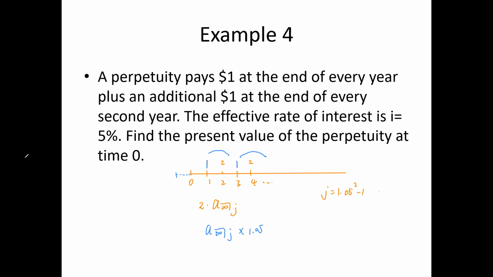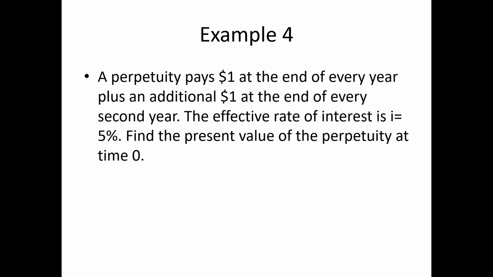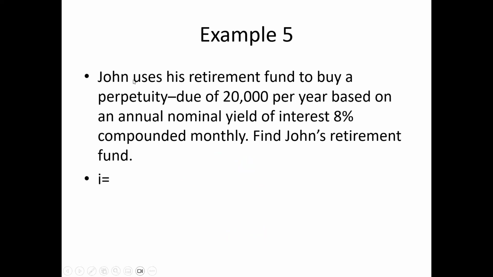Let's move on to the next problem. John uses his retirement fund to buy a perpetuity due of $20,000 per year based on an annual nominal rate of 8% compounded monthly. Find John's retirement fund.